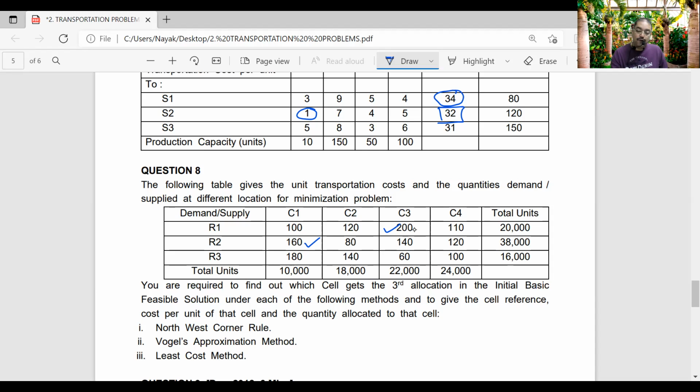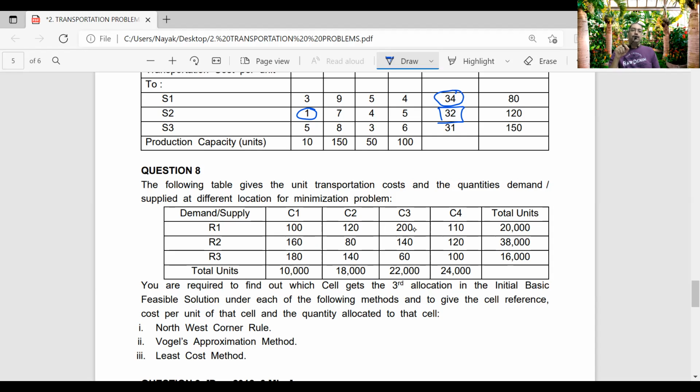In this case, they are asking you which cell gets the third allocation. They don't want you to solve the problem. You understood what I'm saying? So you start with the first step, the first cell which is occupied. Second step, which cell is occupied. Third step, which cell is occupied, that cell is your answer.